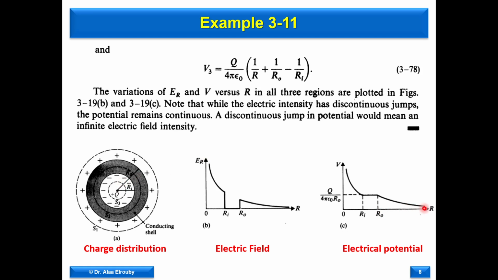The electric potential is 0 at infinity. It will reach a certain value, remain constant inside the conductor, then increase as we get closer to the point charge.